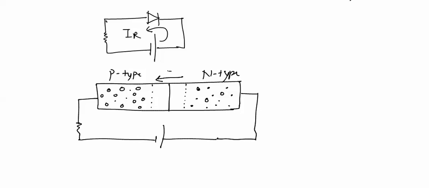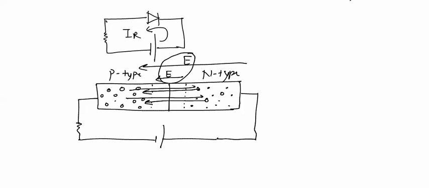This was the junction field, and this is the applied electric field. Both are in the same direction, therefore their effects add on the charge carriers. So these holes will move from the N side to the P side, while these electrons will move from the P side to the N side.